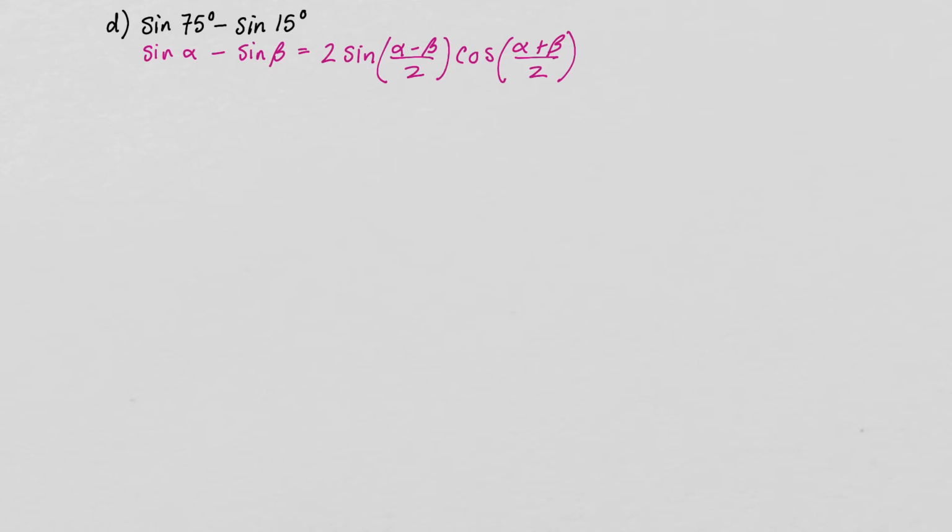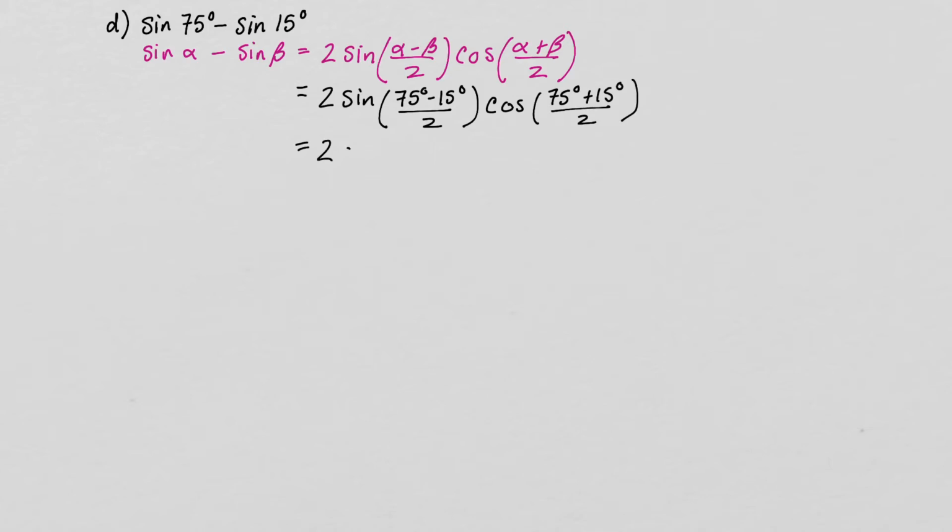And so again, we're just going to plug our stuff in, right? So this is going to be 2 sine, our alpha is 75, so 75 degrees minus 15 degrees over 2, cosine of 75 degrees plus 15 degrees over 2.